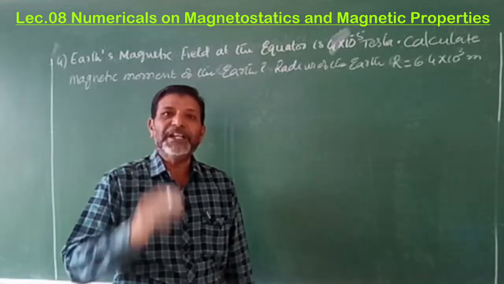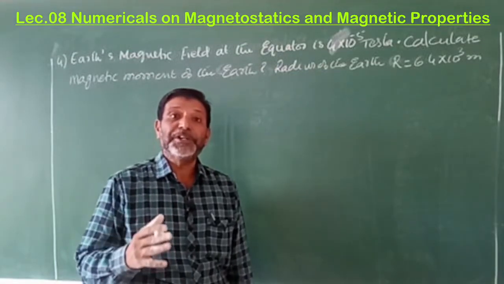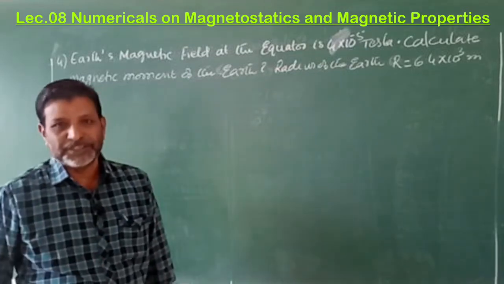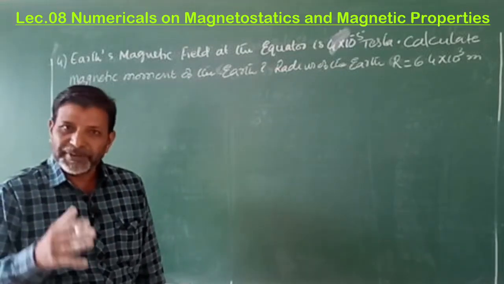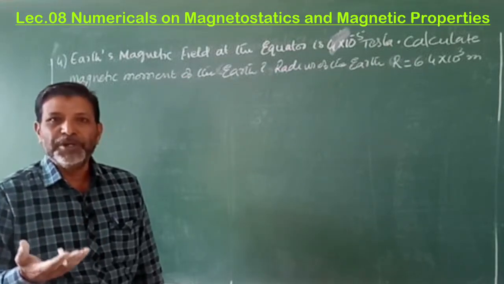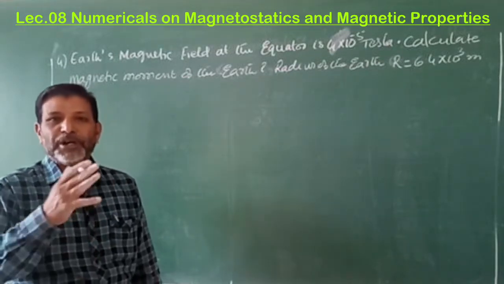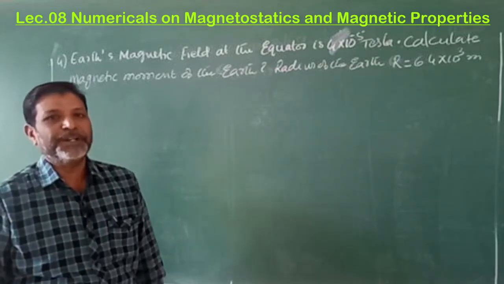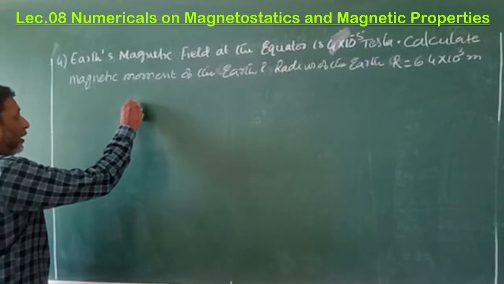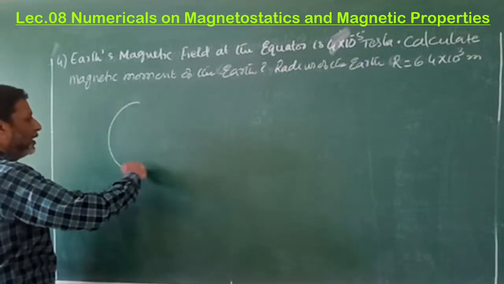Now, for the calculation of this, what is given to you? The field at the equator is given, and the radius of the Earth is also given to you. By using these two values, you have to calculate the magnetic moment of the Earth. Now here, carefully see, suppose this is the Earth.